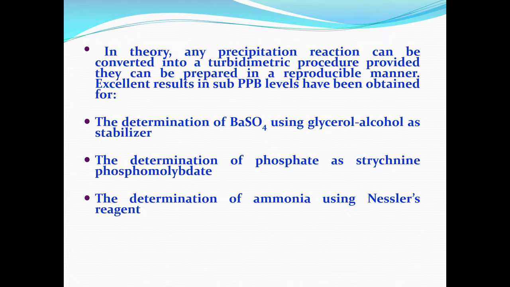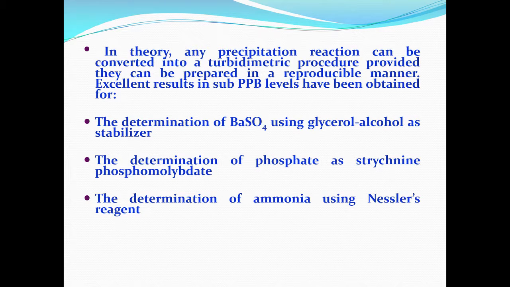Ammonia is another example, which is a very well known pollutant and a chemical used in day to day life also, and an excellent method exists with Nessler's reagent. Nessler's reagent produces a precipitate of potassium ammonium mercurate, and that can be determined.